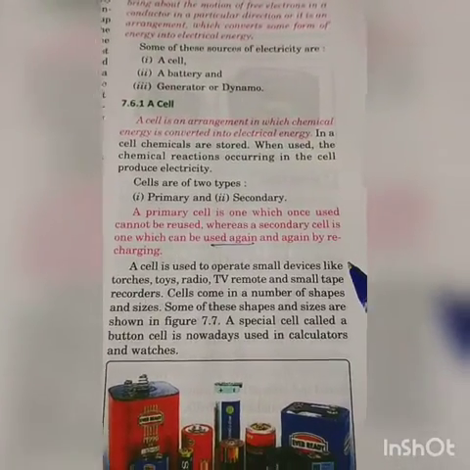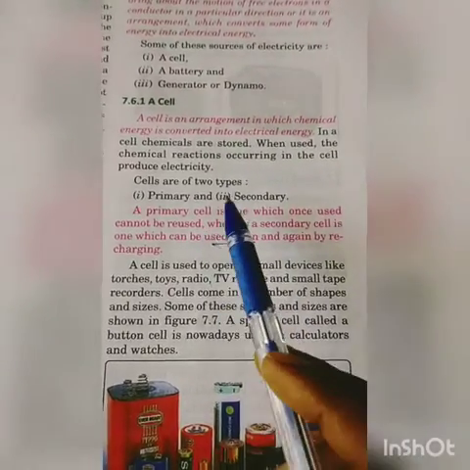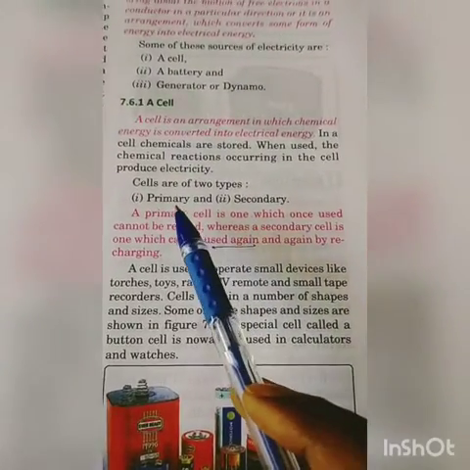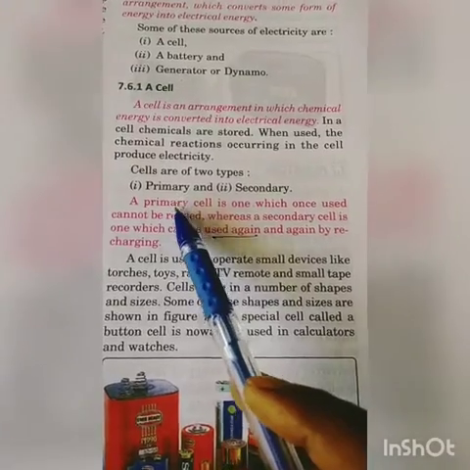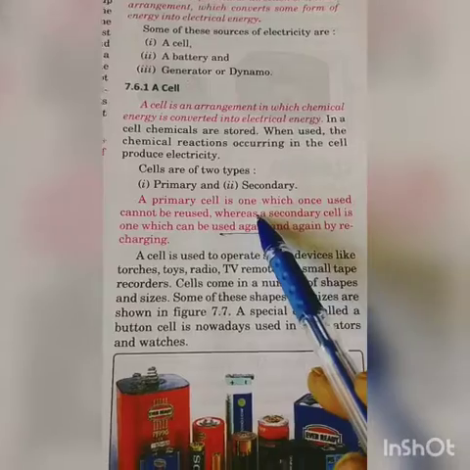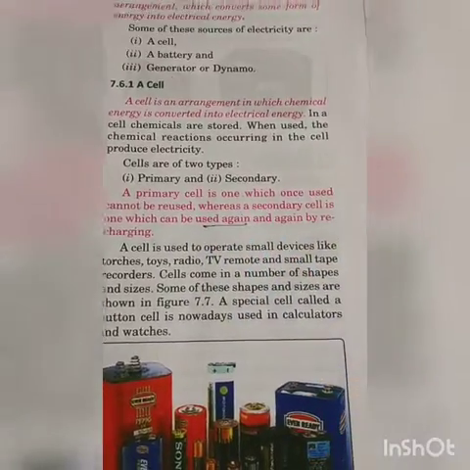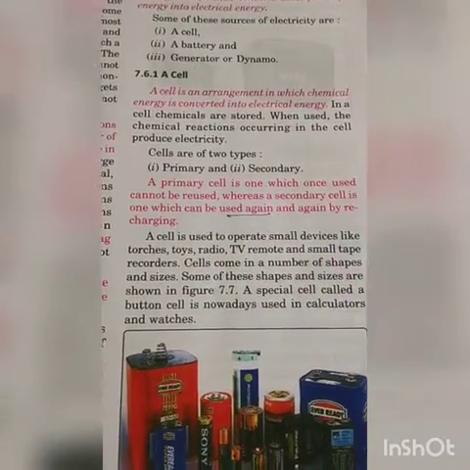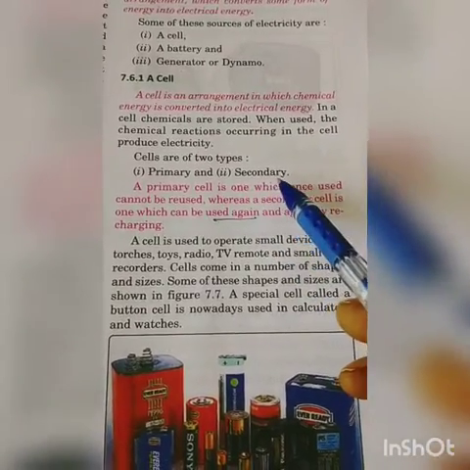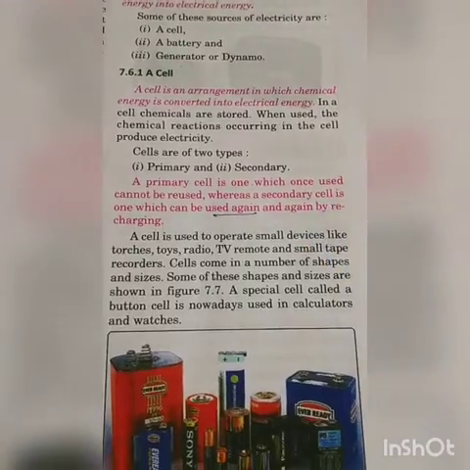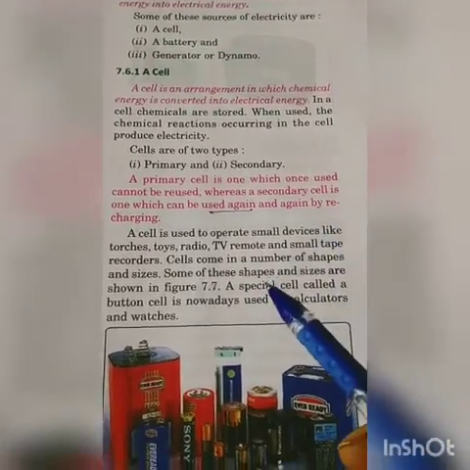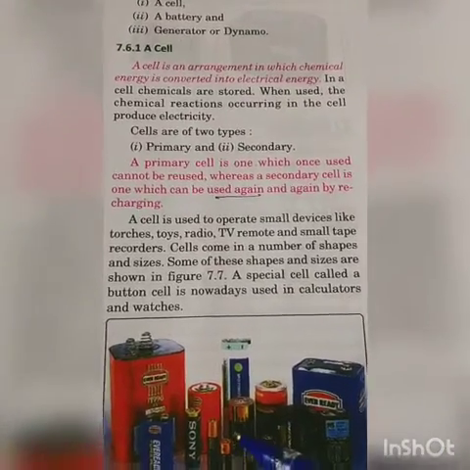Now cells are of two types, primary and secondary. In primary cells, cells are used once. That means the chemical reaction over there is complete and they cannot be used again. But secondary cells can be used again. That means the chemical reaction can be reversed and it can be used again.